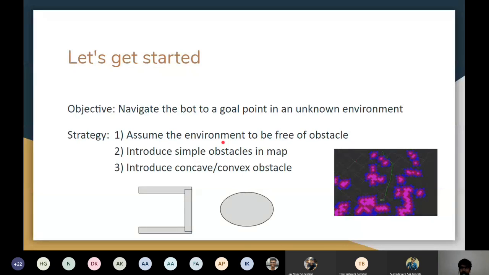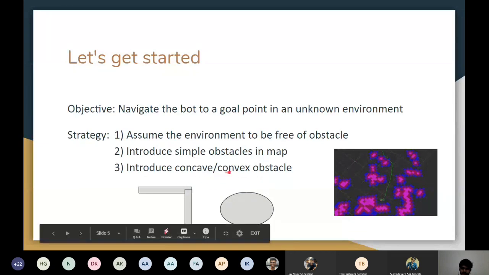And then going further, we'll introduce obstacles, and obstacles also can be of varied types. For control strategy in a hypothetical world, we can have a point obstacle that is just a point, and then actual obstacles are going to be concave or convex.